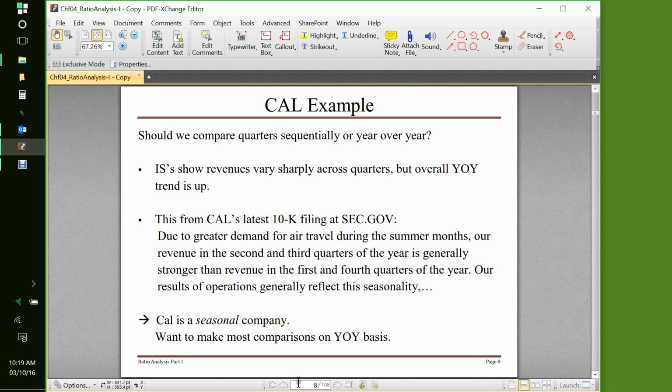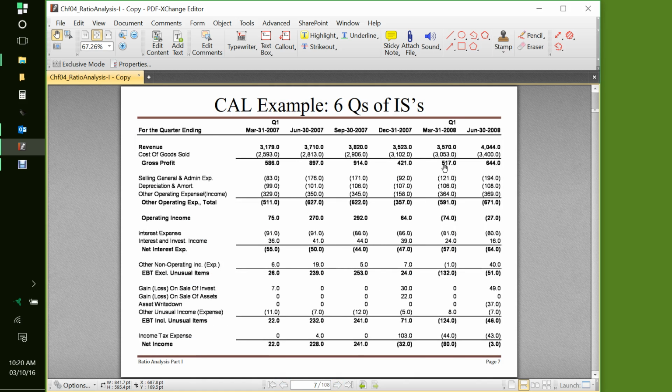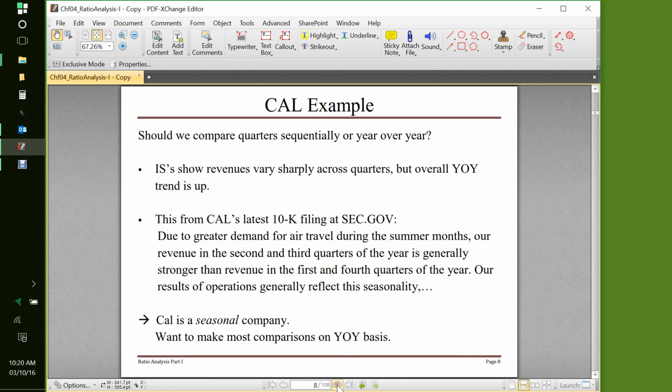And what I mean by that specifically is, should we compare the quarter ending June 30, 2008 with the quarter ending March 31, 2008, the most recent quarter, or should we jump back a whole year and compare the quarter ending June 30, 2008 to the quarter ending June 30, 2007? So let's think about that a little bit, okay?